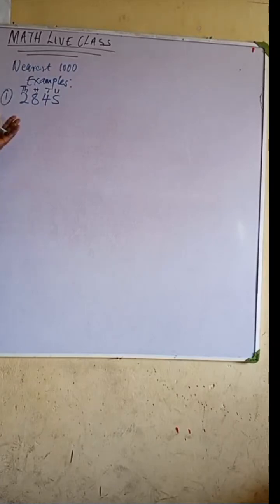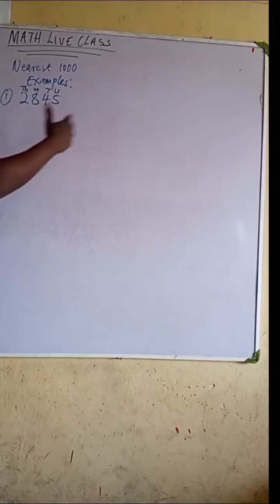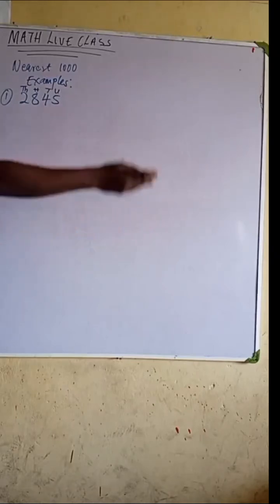Now to round up numbers to the nearest 1,000, this is the one we are rounding up to. Don't forget the same thing we did in our class last week is also applicable to this week. So we said that when you're rounding up a number to any place value, consider the next number to the right.